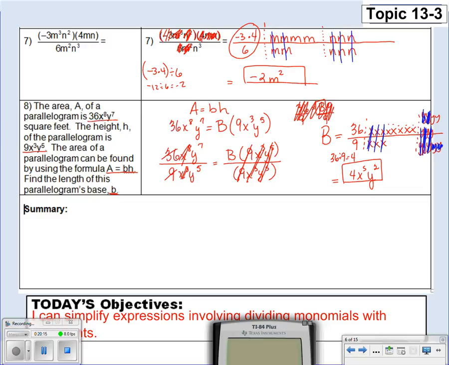So our question was, how do I simplify expressions involving dividing monomials with exponents? We use 2 steps.